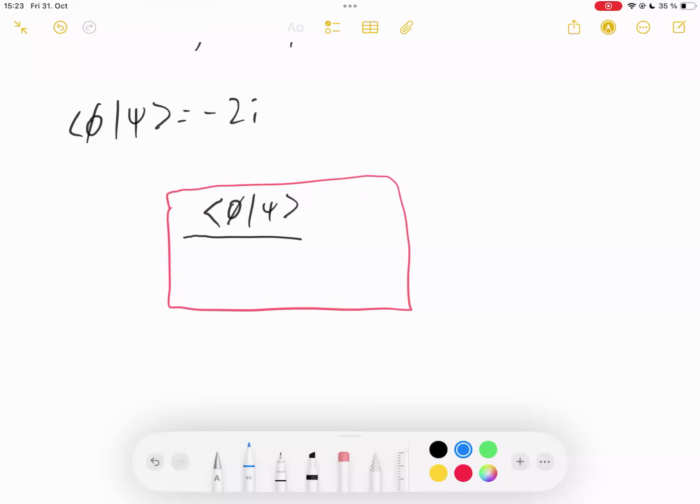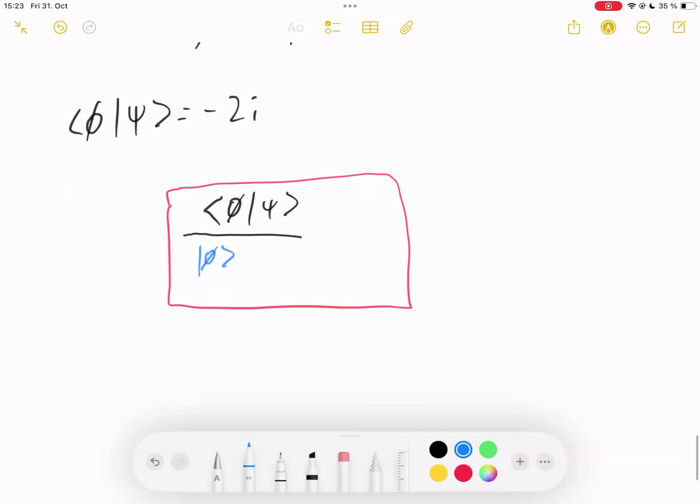So I put them in blue, these norms. So the phi ket and the psi ket. And I want to calculate the norm of each of it and then have the product of these two norms. And this would lead to a normalization of the result, assuming we have used unnormalized states.